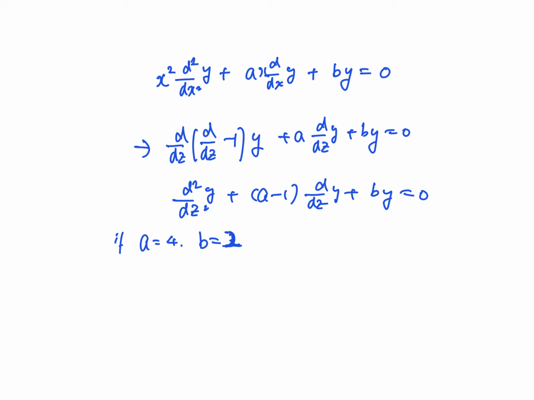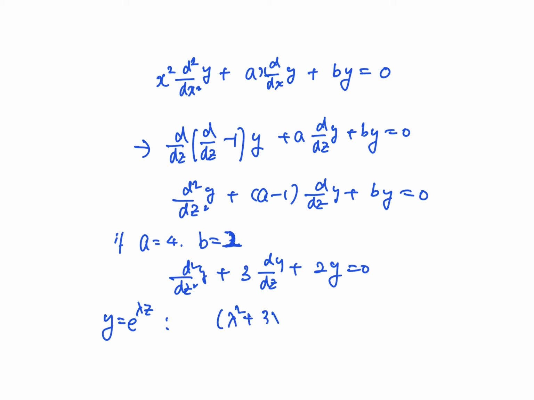Then we have d²y/dz² + 3 dy/dz + 2y is equal to 0. Then the trial solution is exponential lambda z. Then lambda² + 3 lambda + 2 times y is equal to 0.